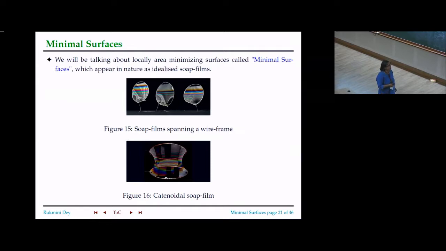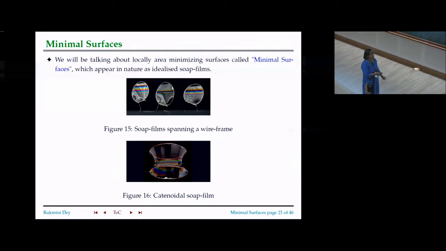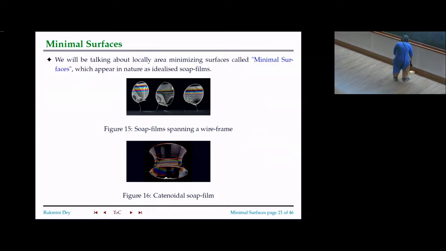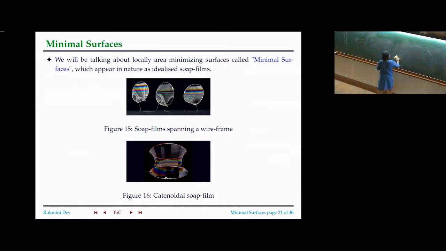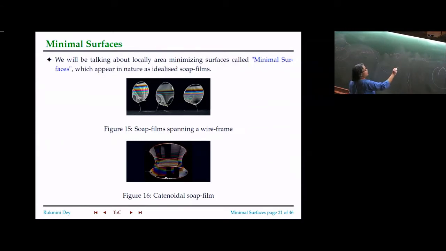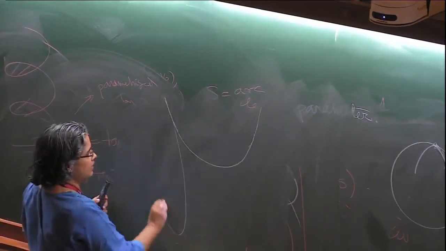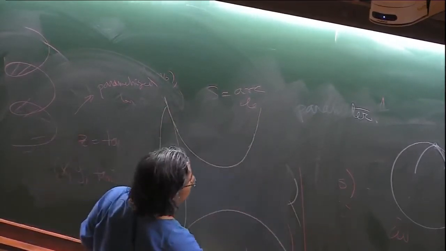And so now supposing you have two wire frames and you dip them in soap solution, you will get a surface like this. And what is the property of this surface? It's a very beautiful surface called the catenoid. If you hang a rope, it takes the shape of a catenary, and you revolve that around an axis.